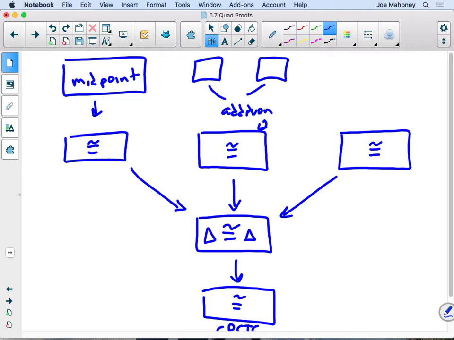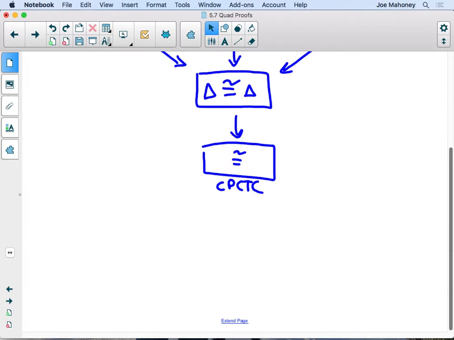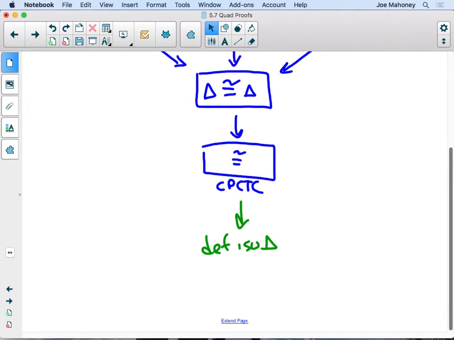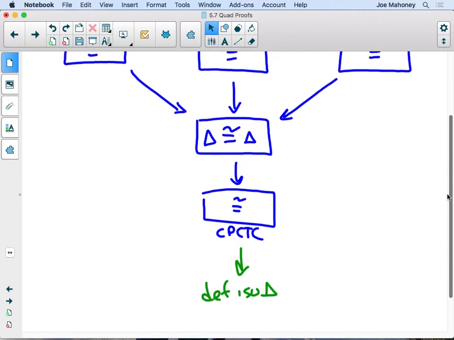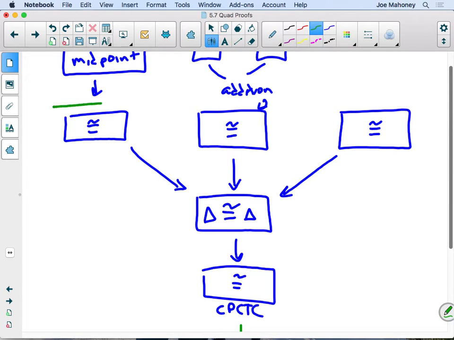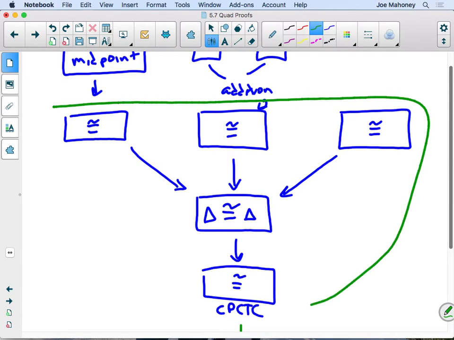So there might be stuff that occurs beforehand, and after CPCTC, there might be other stuff too. Maybe you have the definition of an isosceles triangle to get a triangle to be isosceles, or something like that. But I tell kids, way back when I start doing triangles, that every single proof you do is going to have these 5 boxes.